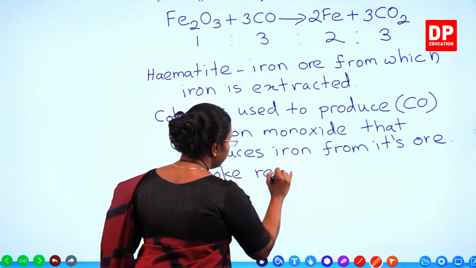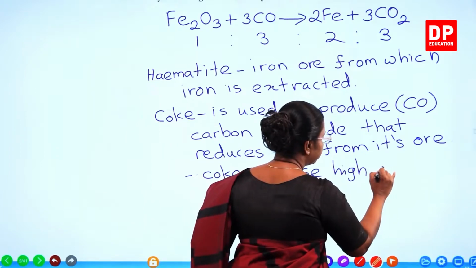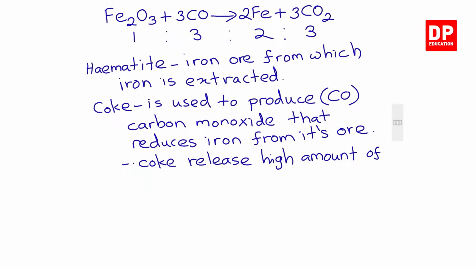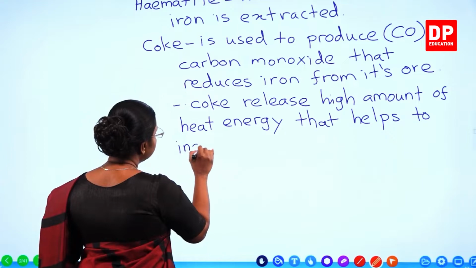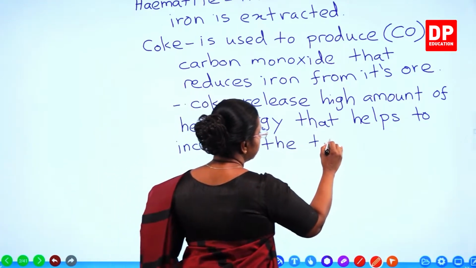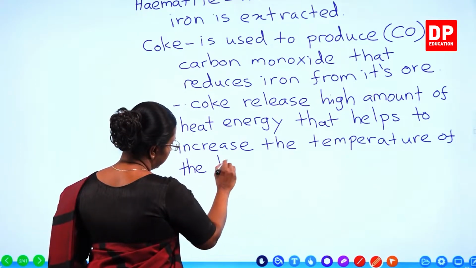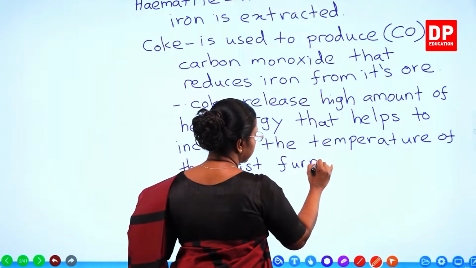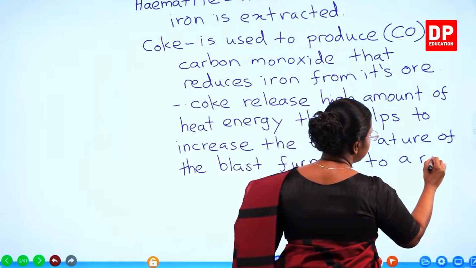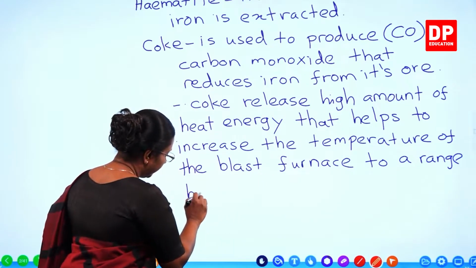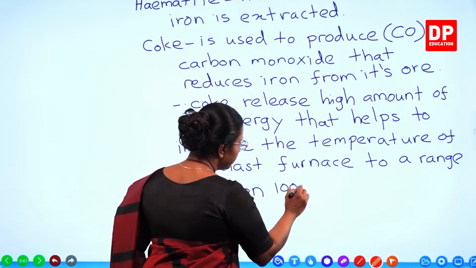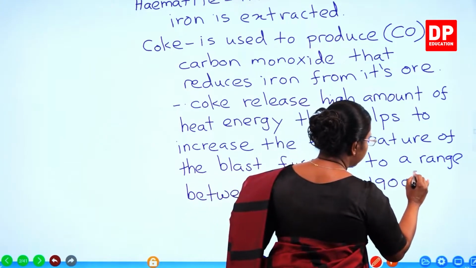Coke releases high amount of heat energy that helps to increase the temperature of the blast furnace to a range between 1000 degrees Celsius to 1900 degrees Celsius.